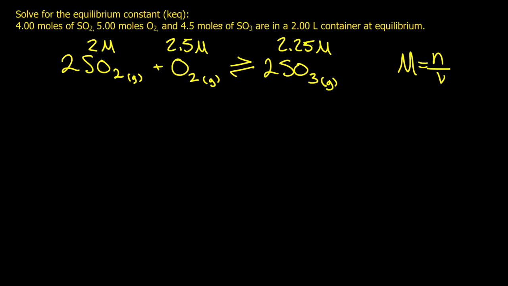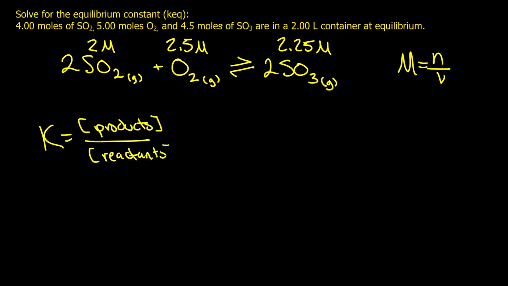So now we need to figure out what's the K constant of these concentrations. What's the equilibrium constant? So our formula is K equals the concentration of products over the concentration of reactants. Alright, so let's see if we can figure this out. Start with your products.